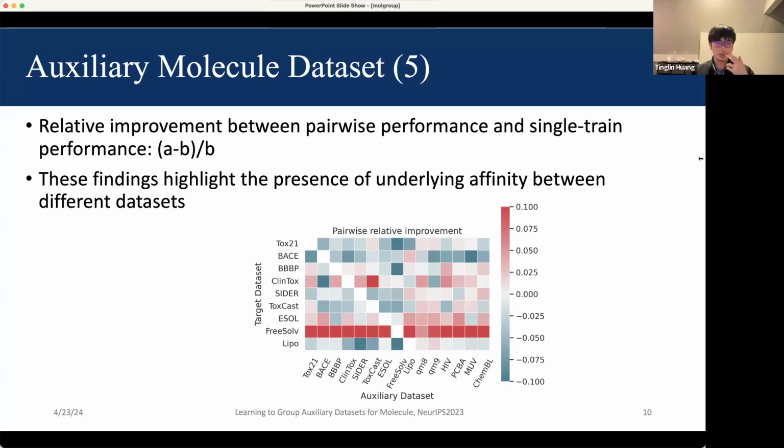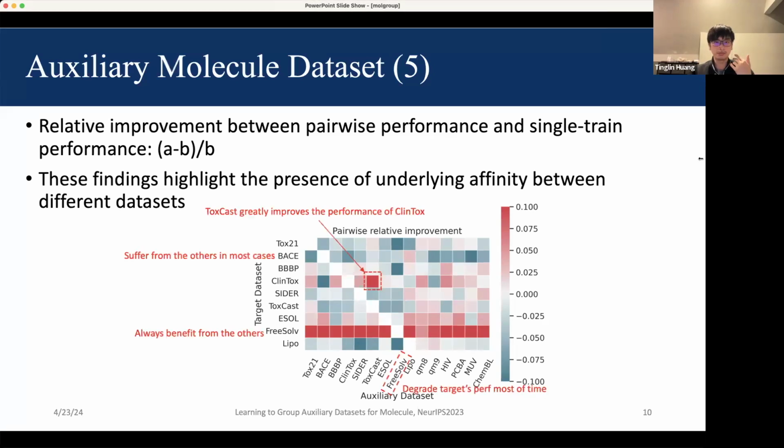We can see some interesting findings. Let's take a look at this pair. As an auxiliary dataset, ToxCast can greatly improve the performance for the ClinTox task, and it is reasonable because they are both toxicity-based datasets.